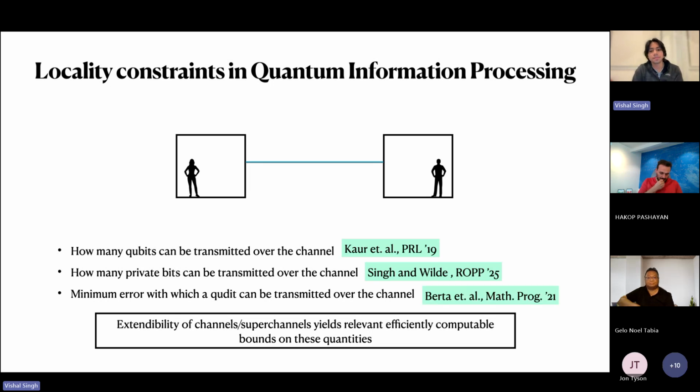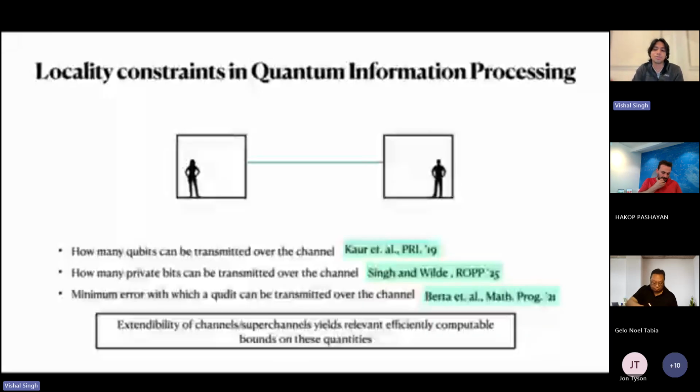And the minimum error was considered in this paper from 2021. Actually, it's the same paper in which they showed that the set of k-extendable channels converges to the set of one-way LOCC channels when k goes to infinity. So probably 2022.